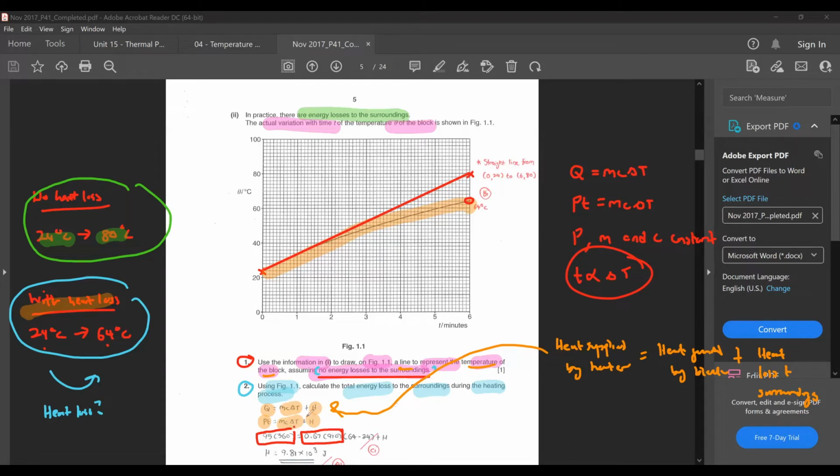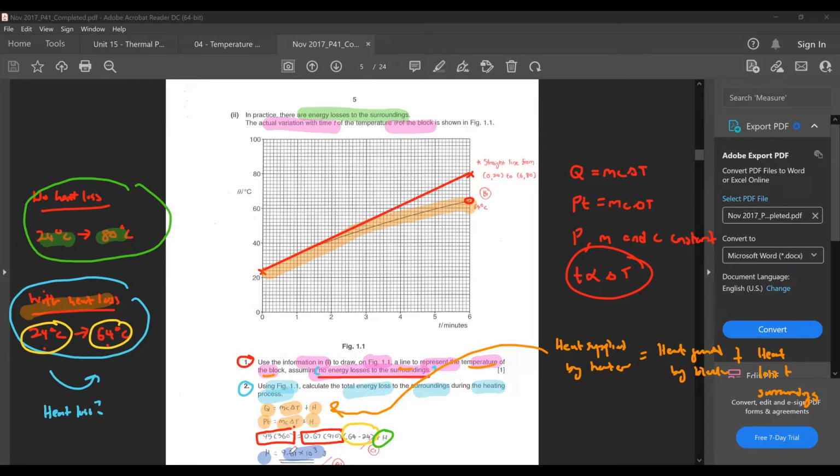You also know the temperature difference now. Your temperature difference is 64 minus 24. This one is taking into account the temperature difference when you have heat loss. Okay, so 64 minus 24, then plus H. So your heat loss is just going to be 9.81 times 10 power 3 joules, just like that.